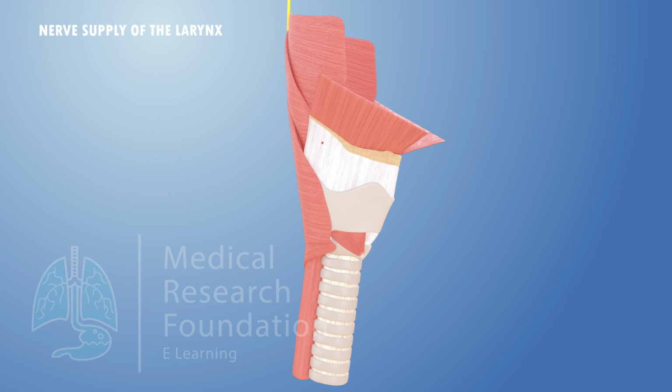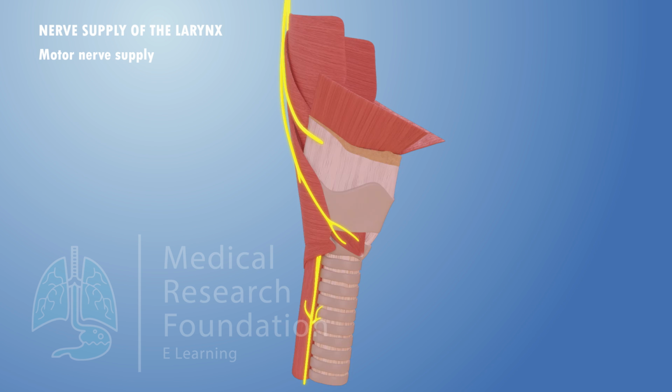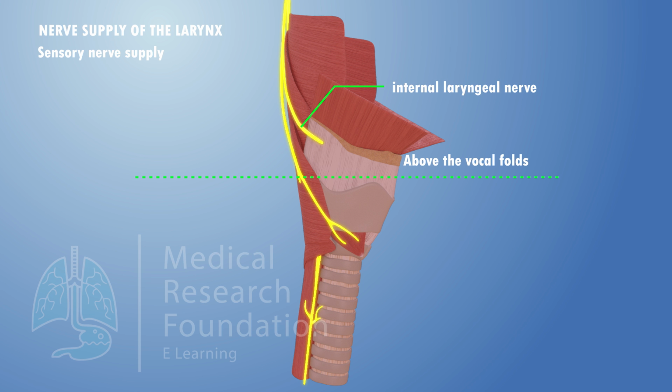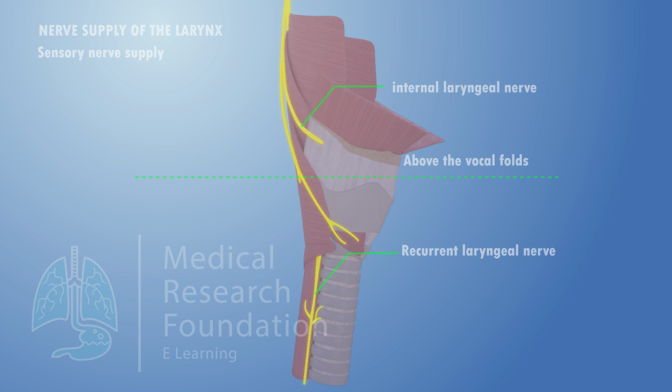Nerve supply of the larynx. Motor nerve supply. It is provided by internal and external laryngeal nerves. Sensory nerve supply. The mucous membrane of larynx above the vocal folds is supplied by the internal laryngeal nerve, while below the vocal folds by the recurrent laryngeal nerve.